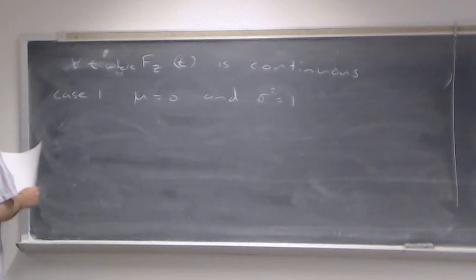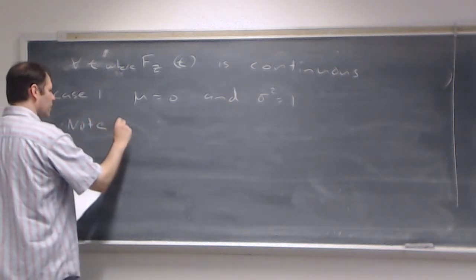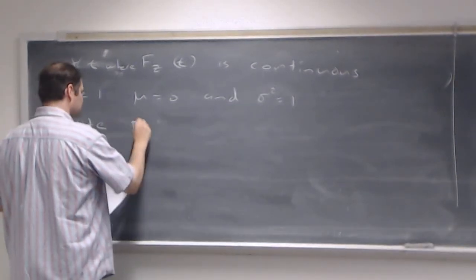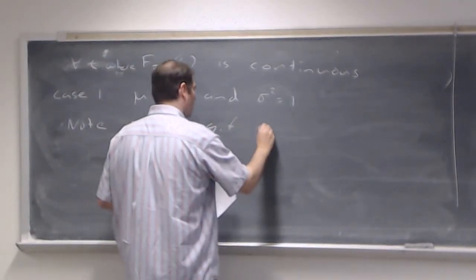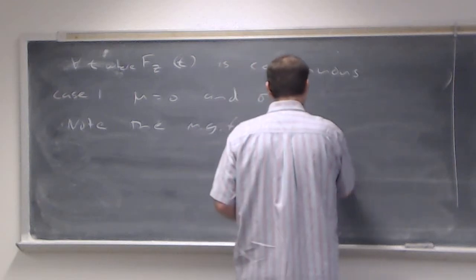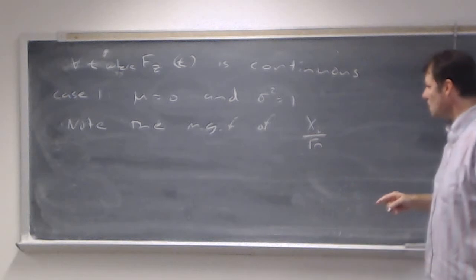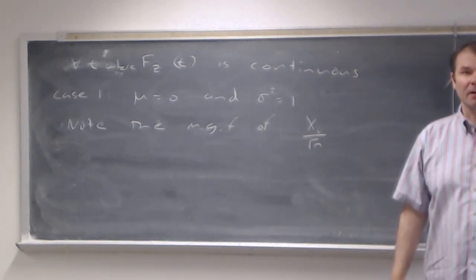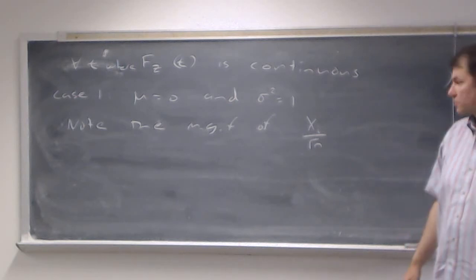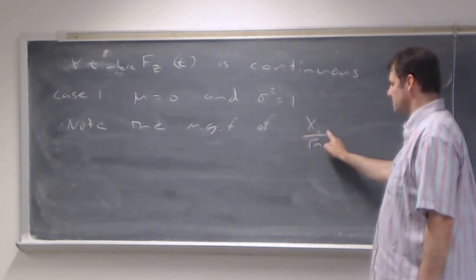So here, we'll start off by noting the moment generating function of any one of the X sub i over the square root of n. This is just some small piece of the function in the central limit theorem that we want to show its distribution goes to the distribution of the standard normal.